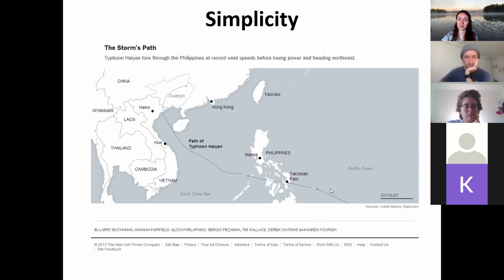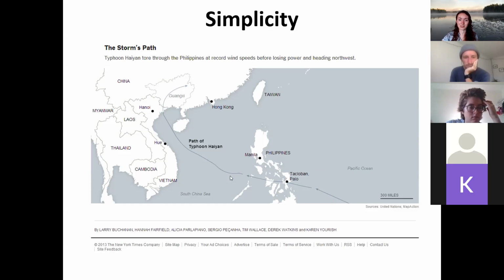So making these arrows bolder, maybe darker, or making the water features lighter could really help bring it more into the figure as opposed to the ground.